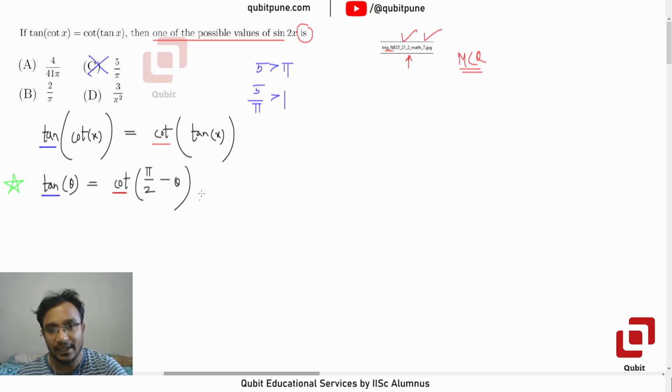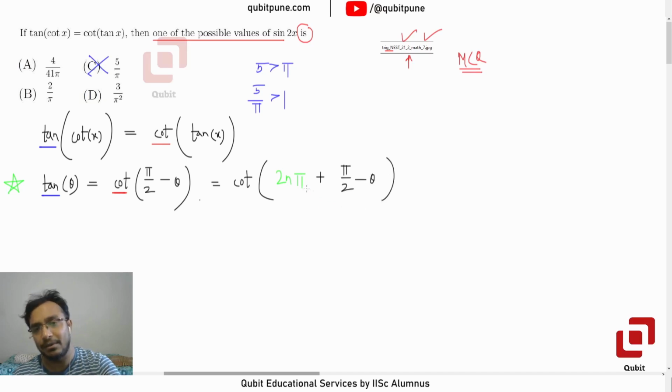I am going to write this as cot of 2n pi plus pi by 2 minus theta. That's totally fine, because if our angle is pi by 2 minus theta plus 2 pi plus 4 pi plus x pi, or minus 2 pi minus 4 pi minus x pi, it is still going to have the same ratios as pi by 2 minus theta.